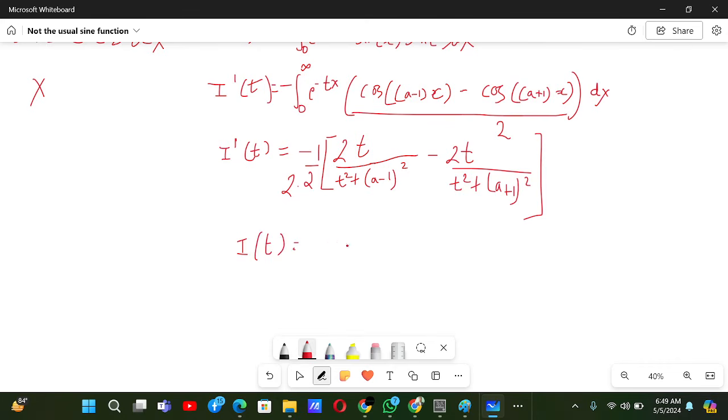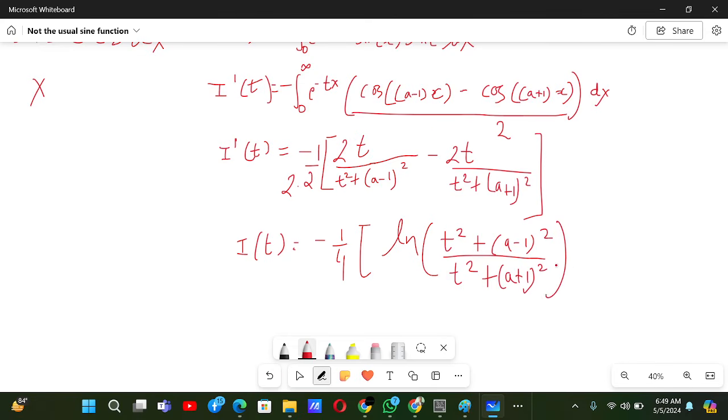From there we can see that this equals 1 by 4 ln of t square plus (a minus 1) whole square by t square plus (a plus 1) whole square.